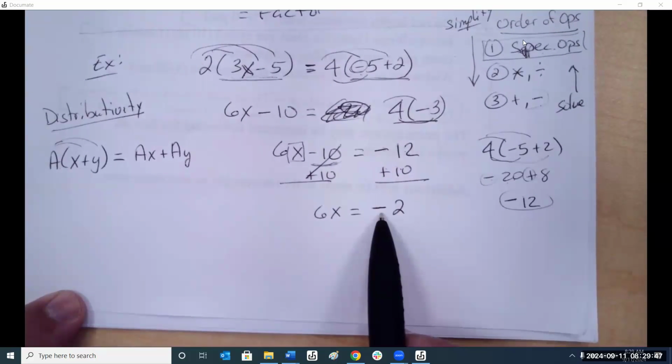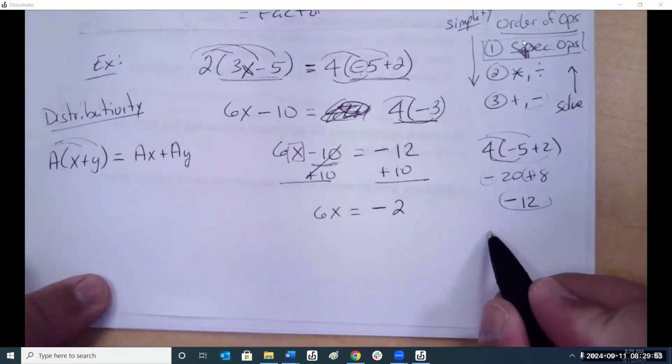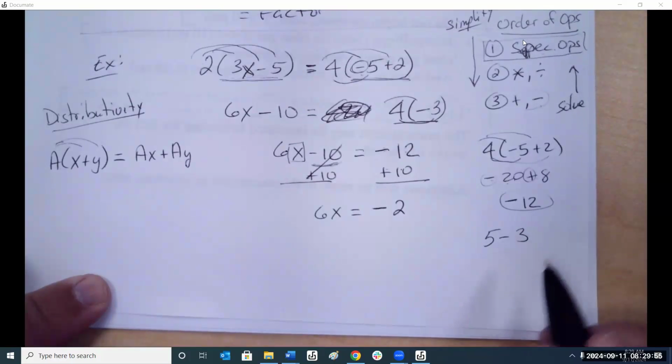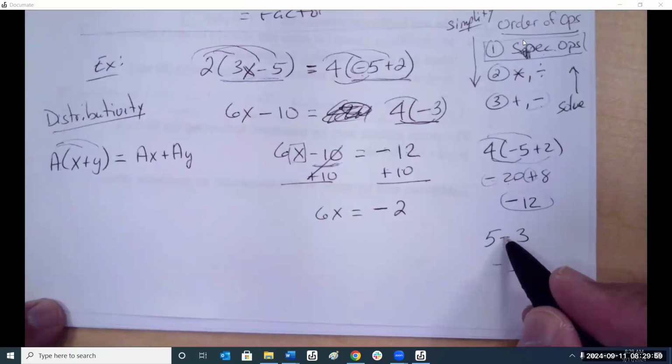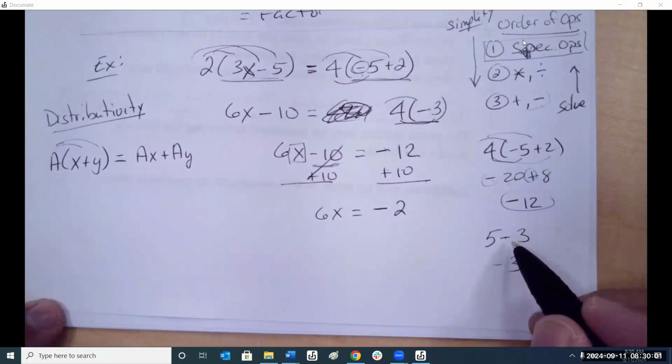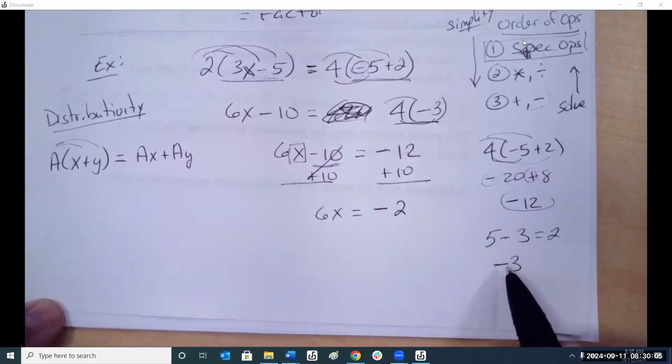Is that a minus? No. There's a difference between that. That sign is a what? Minus. Because 5 minus 3 is 2. This is a negative 3.